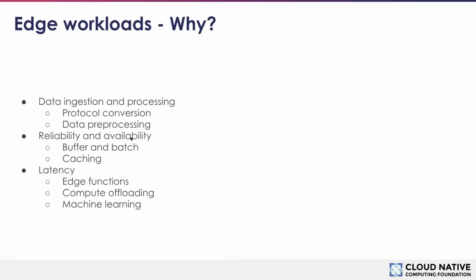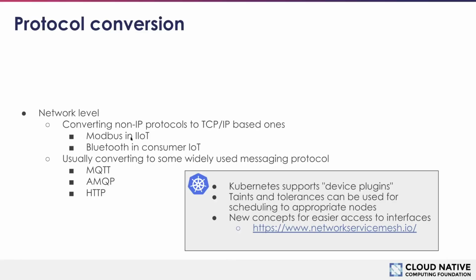Workloads that help us with data ingestion and preprocessing, workloads that help us with the reliability and availability of the edge sites, and finally workloads that help us have better latency for the applications and workloads that need it. So let's dig a little bit deeper into this.